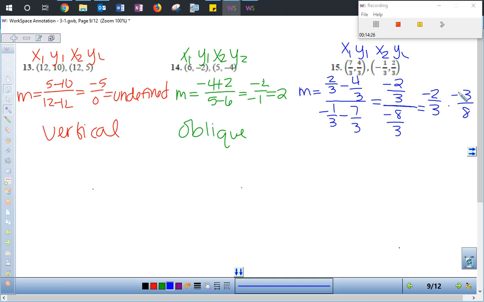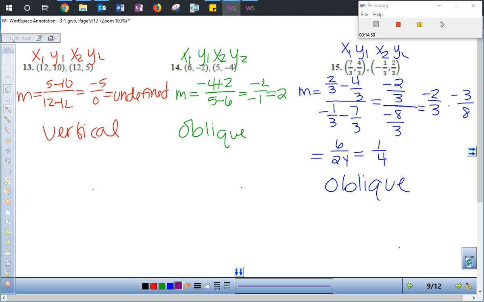I'm just going to put the negative sign in the numerator because it's over here in the numerator, which means they'll cancel out easier. Now I can multiply those together. So negative 2 times negative 3 is going to give me a positive 6 over 3 times 8, which is 24. And now I can simplify 6 over 24 to 1/4. So my slope between these two ordered pairs is 1/4, which means I have an oblique line.